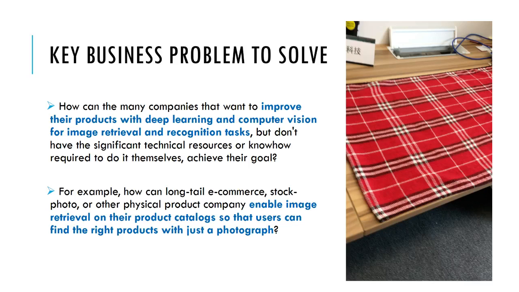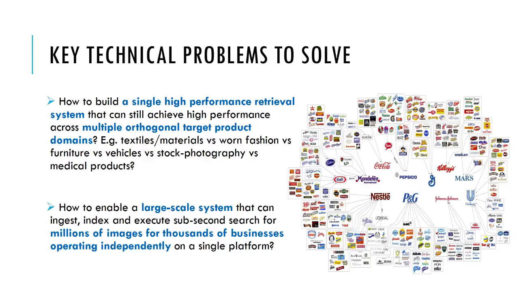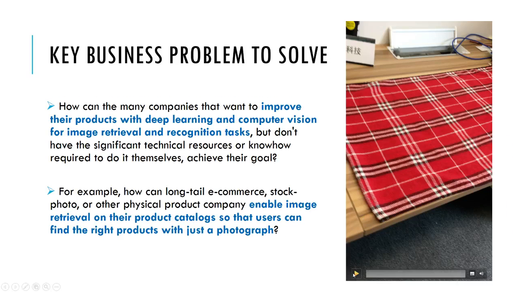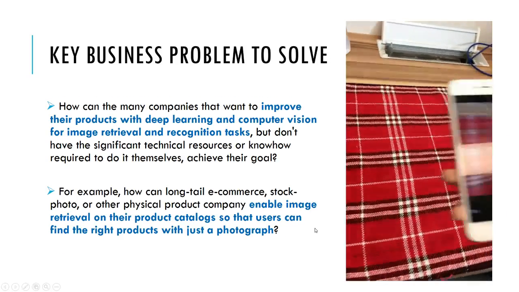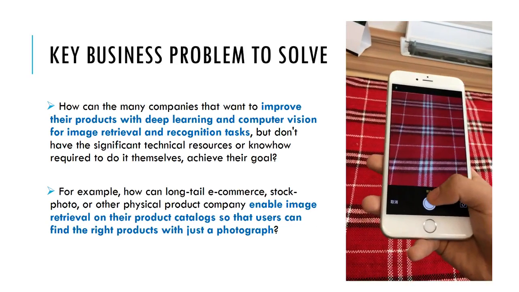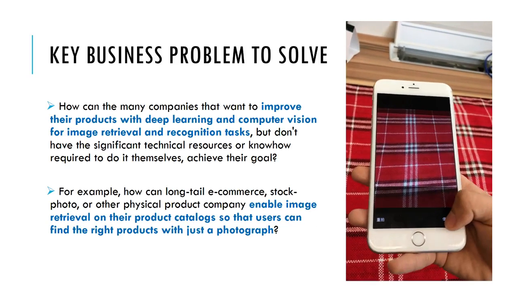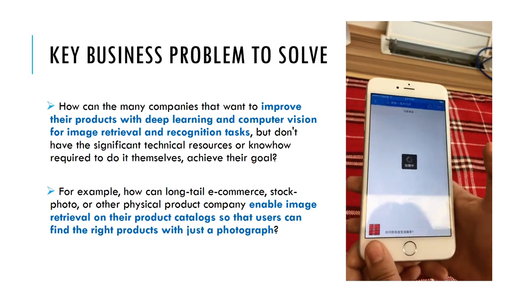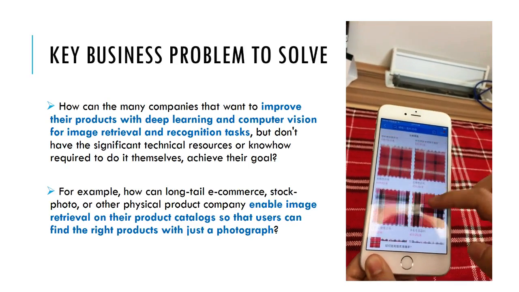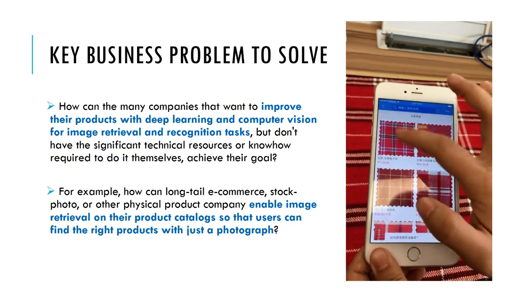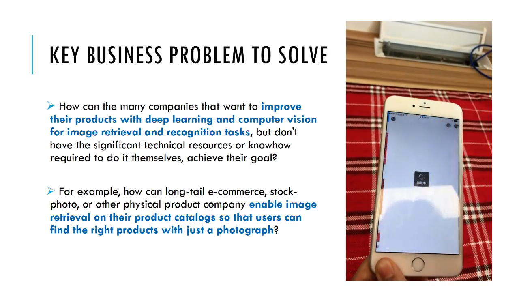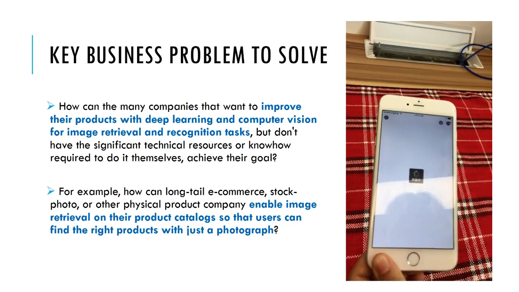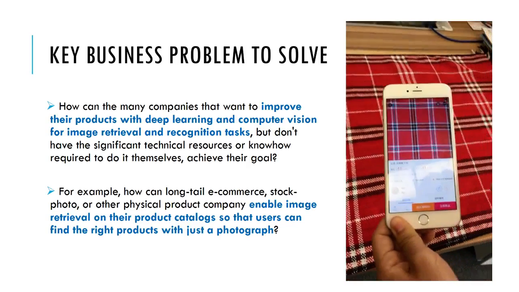So I'm going to switch over to the right side here and show a video of exactly one of these scenarios. So let me go back here. Okay. So this is a fabric scenario, textiles. In this demo, the users found the fabric that they desire, and then they can just go ahead and find the fabric in the e-commerce provider's catalog, and then they can just go ahead and purchase it.